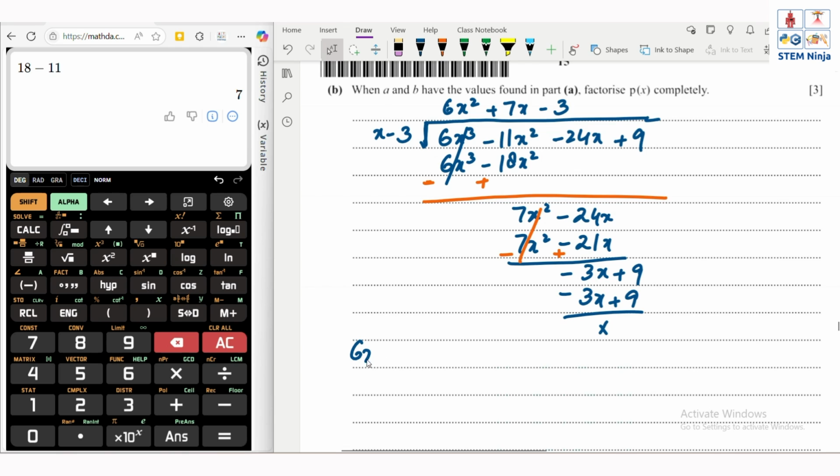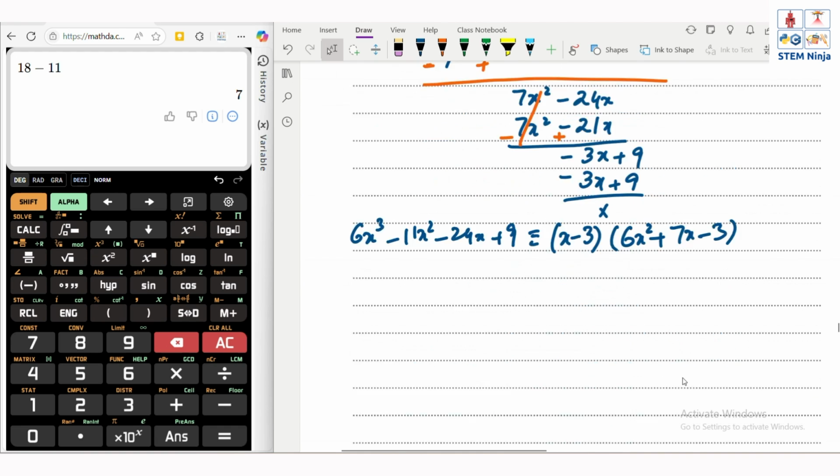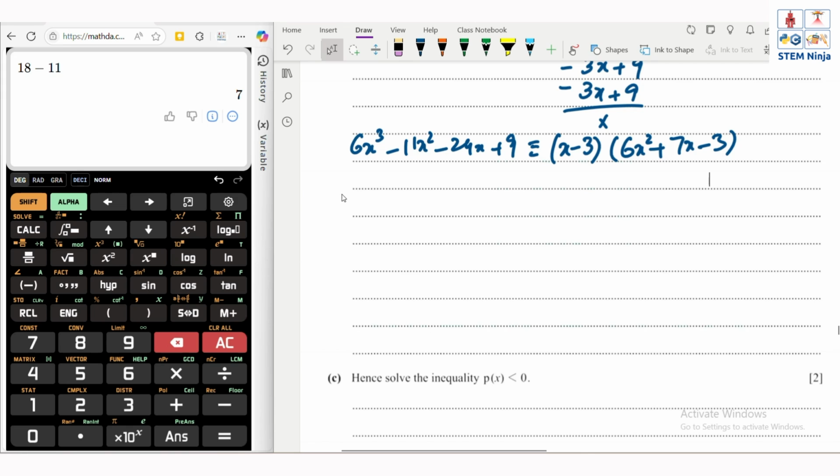So 6x cubed minus 11x squared minus 24x plus 9 is identical to x minus 3 times 6x squared plus 7x minus 3. So we need to further factorize this. So 6x squared plus 7x minus 3.